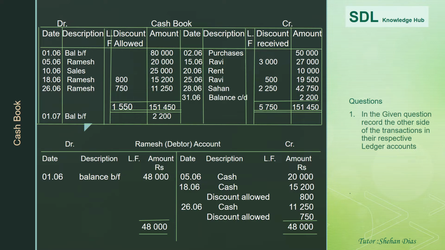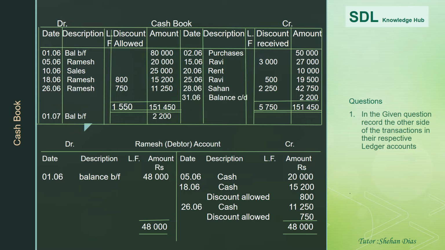Next, cash received from Ramesh 20,000. Since the cash balance increases, debit the cash book stating the debtor Ramesh, and open Ramesh's account, put the opening balance and record the cash received from Ramesh on the credit side for 20,000.